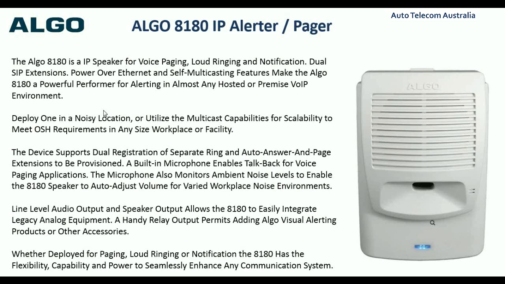For example, if I had one master unit with extension 201, I could put another 5 8180s in different parts of the building across the same LAN network and set them as slave and have them multicasting into a different group. So we can have page group 1, 5 of them go off, page group 2, another 6 different units would go off. But all using one SIP registration.